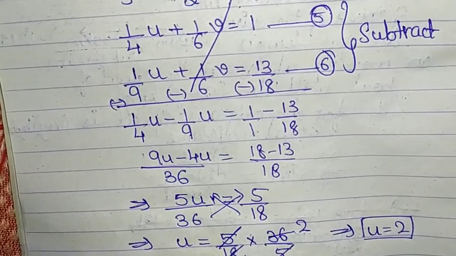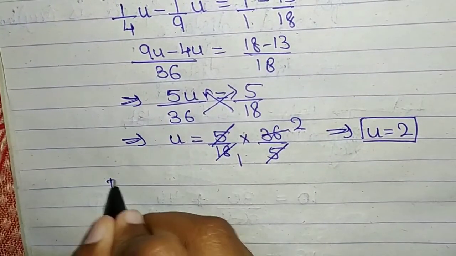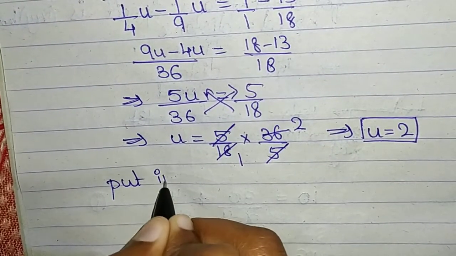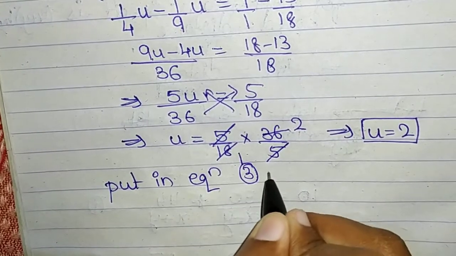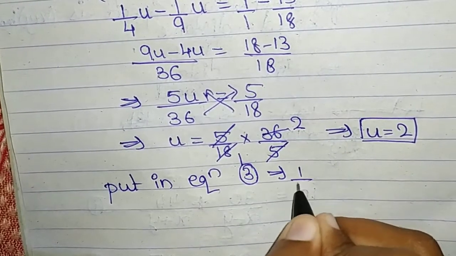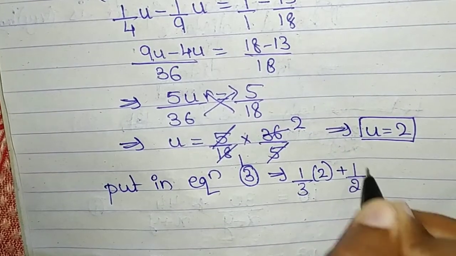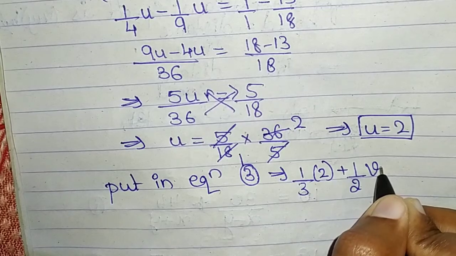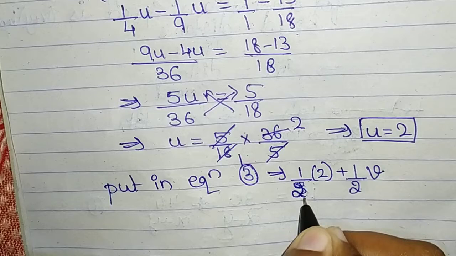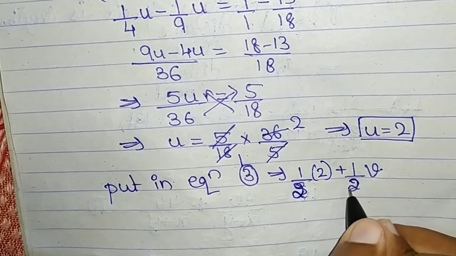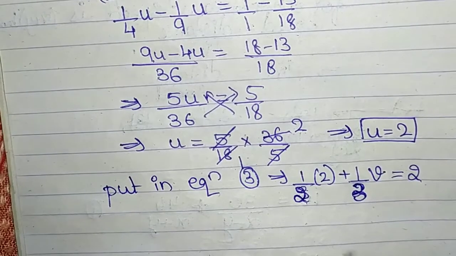So from finding u, you have to find the value of v. So put in equation 3. You will get 1 by 2 into 2 plus 1 by 3v is equal to 2.